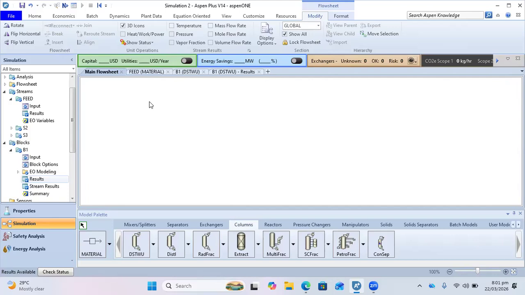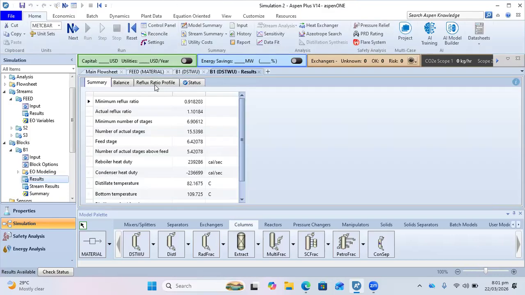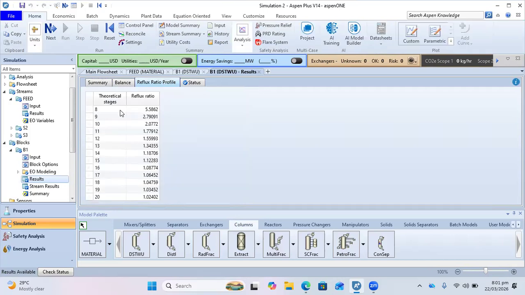And I can come here to my reflux ratio profile. Or you can do what we did previously: you right click and click on results, right? Then we come to the reflux ratio profile. So we see that for every theoretical number of stages, we have the corresponding reflux ratio that we should use to achieve the same separation that we are looking for. So this is another thing that you can also do with Aspen.